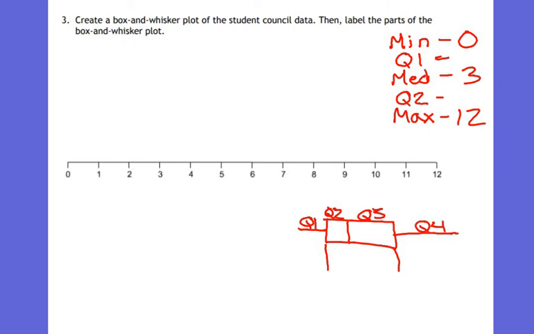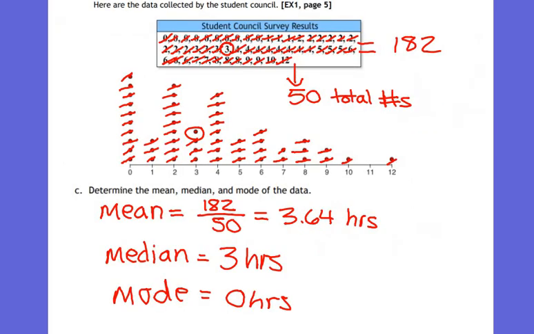To find quartile 1, it wants you to find the middle number in your bottom half of the information, between 0 and 3. So, going back to this, I'm going to change colors. Here's my middle number. Here's the bottom half, below 3, right?